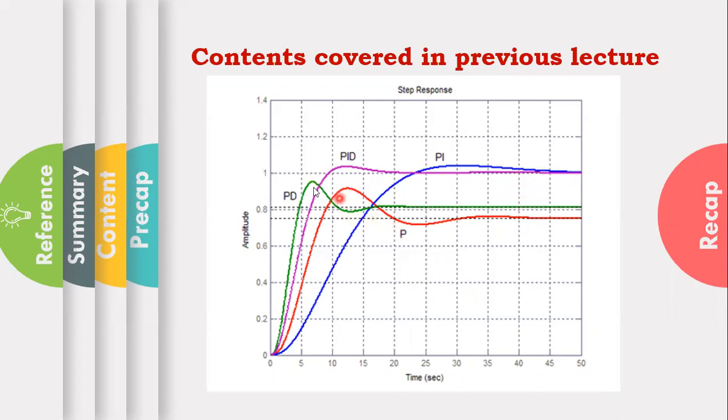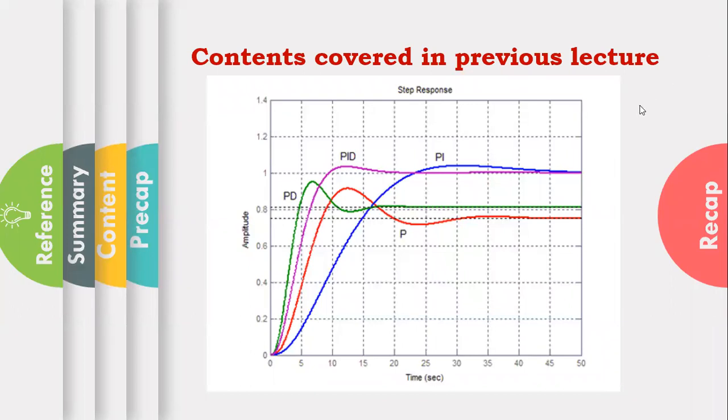If I'm using a P or PD controller. If I use a PI controller, then the percentage overshoot and settling time are going to increase. But if I use a PID controller, the offset will be 0 and the maximum overshoot, that is percentage Mp, and settling time are also going to reduce. Because of this, in most control applications, we go for a PID controller instead of using the individual P, PD or PI controllers. So these parts we have discussed in the previous class.